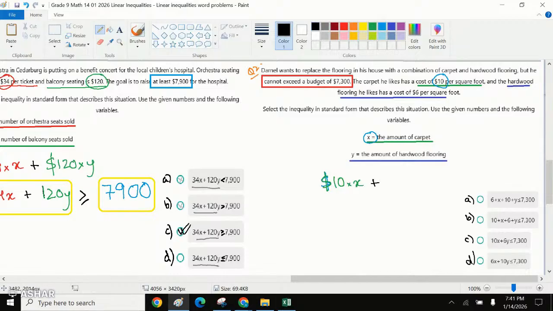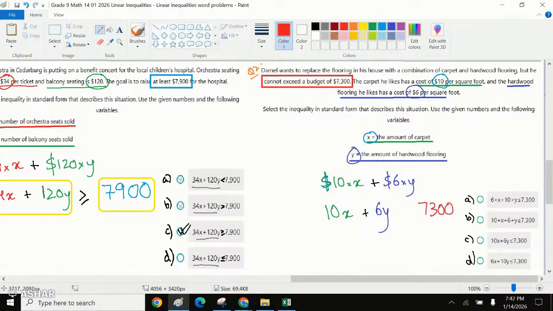Plus $6 times Y, right? So we can say 10x plus 6y, and the amount given over here is 7,300, right?